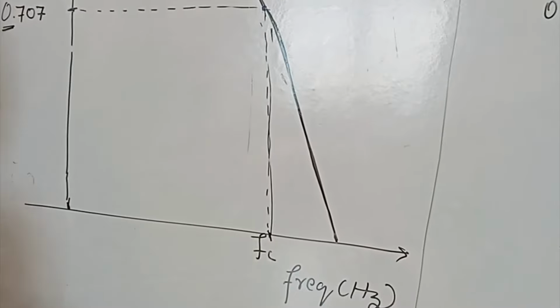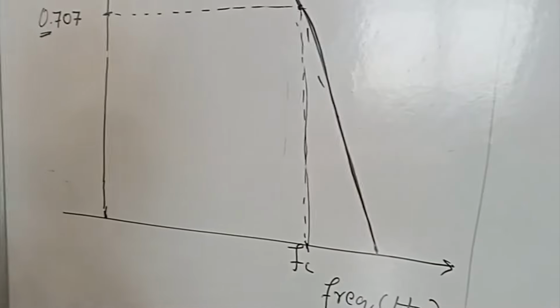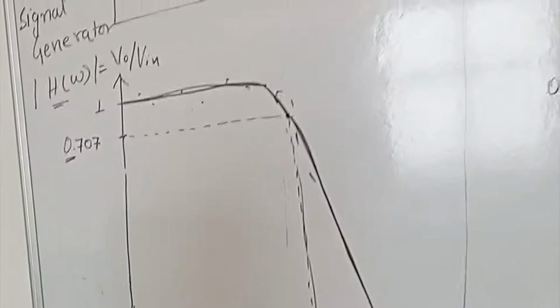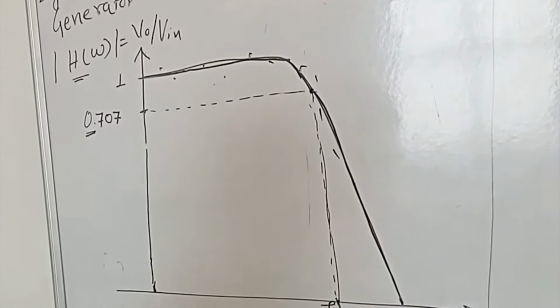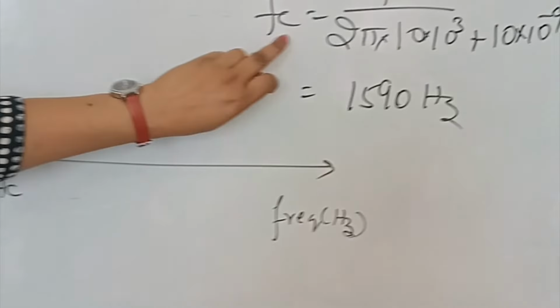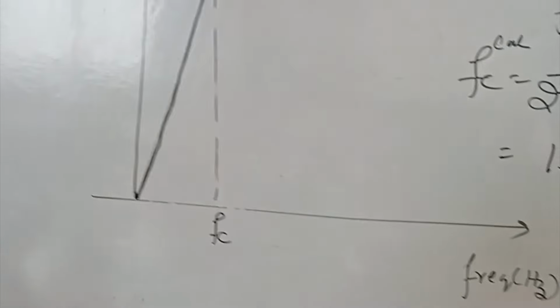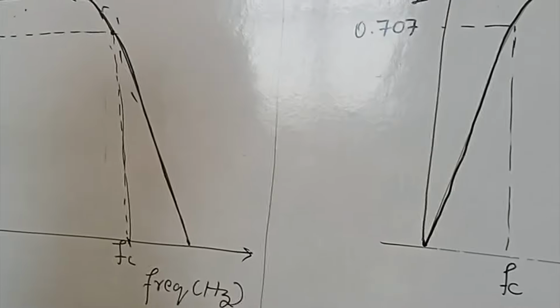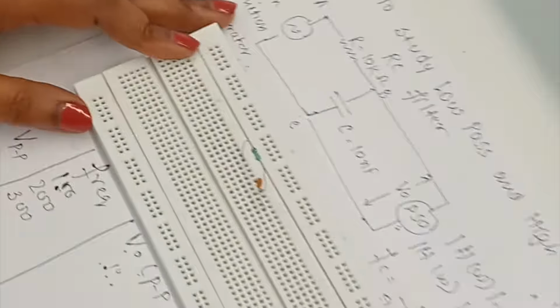Wherever it meets the x-axis, that is our experimentally observed cutoff frequency. This experimentally observed cutoff frequency and the theoretically calculated one should match nearly, with less than 10% error.